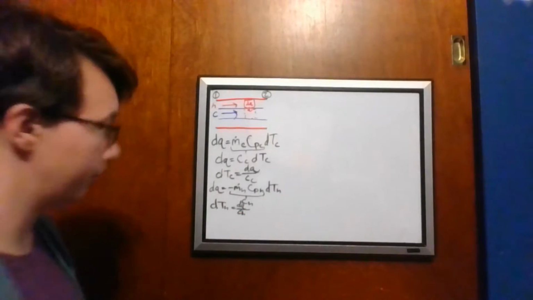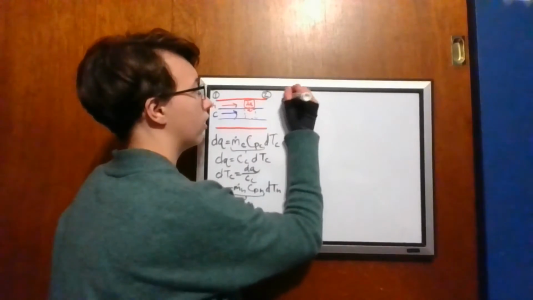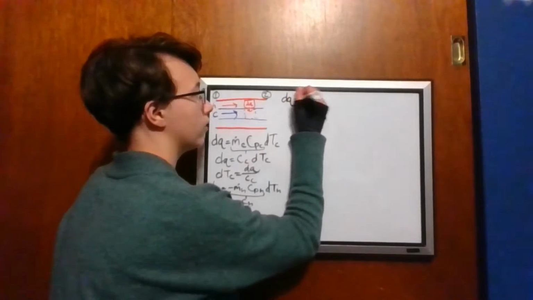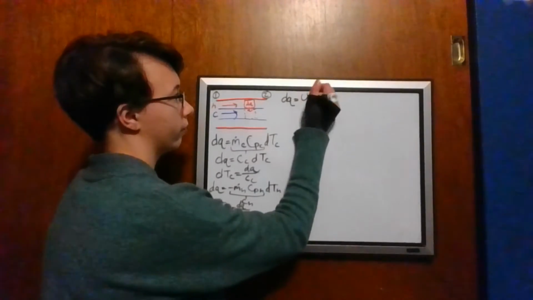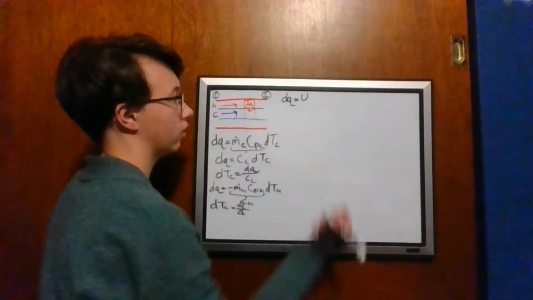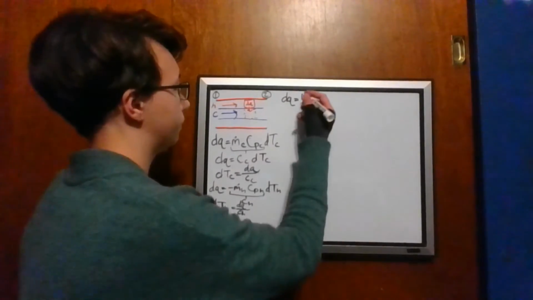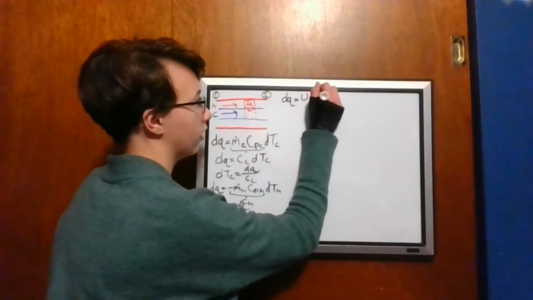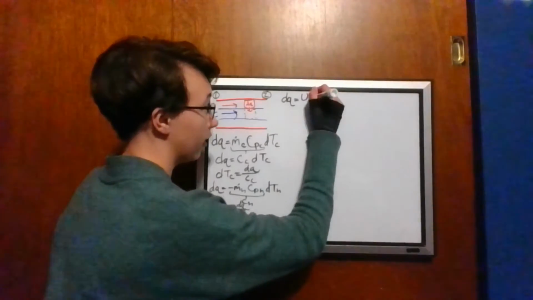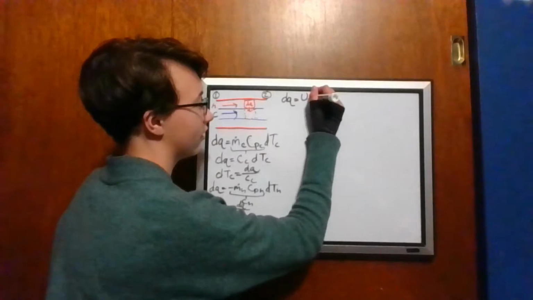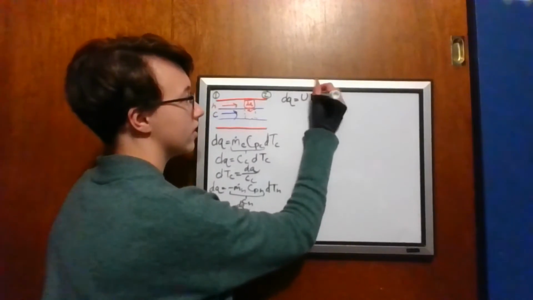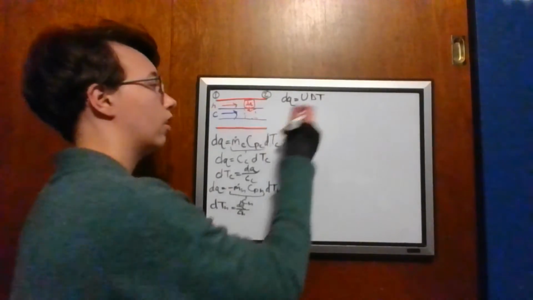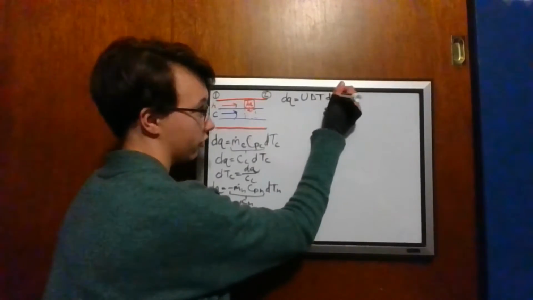Alright, so then from here, we also know that our dQ overall is going to be our heat transfer coefficient times our area, times delta T, the change in temperature, times our differential area.